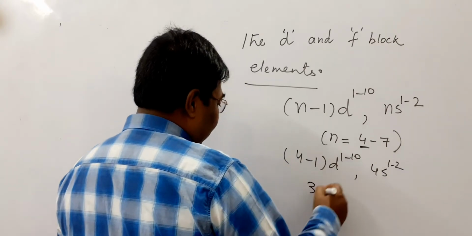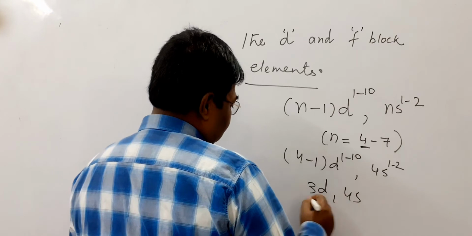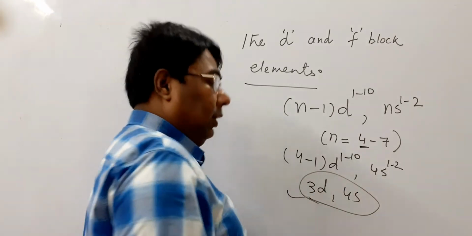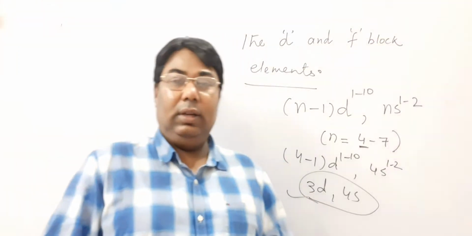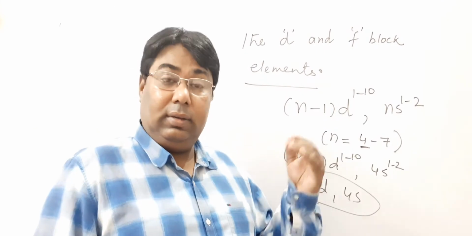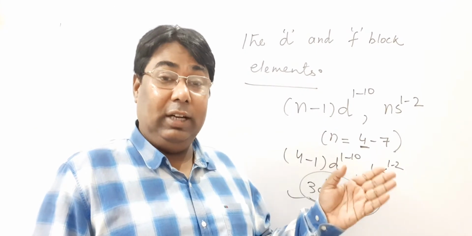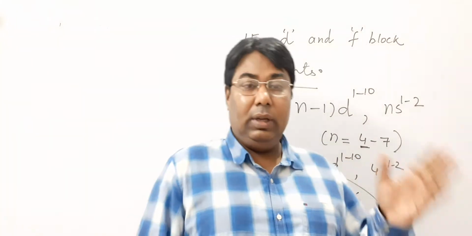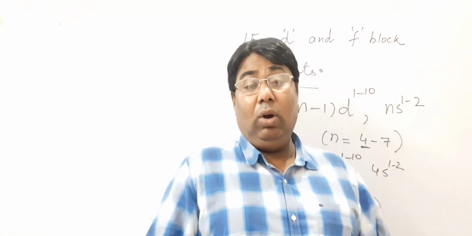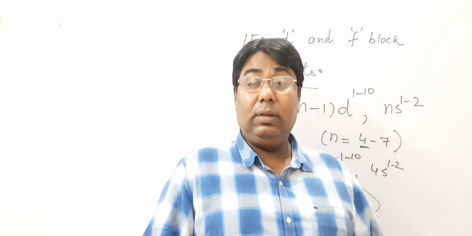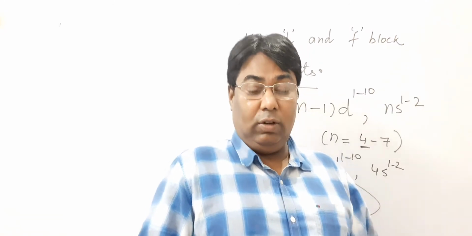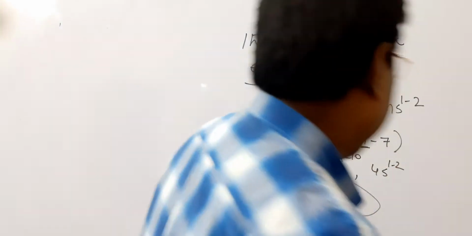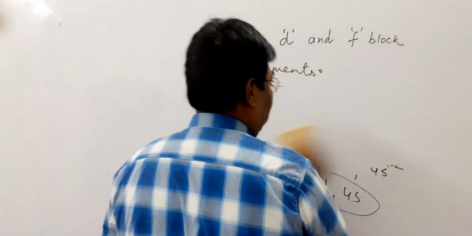So here 3d and 4s are always present in the configuration of all the elements belonging to the 3d series. Now d-block elements consist of elements of group 3 to 12.